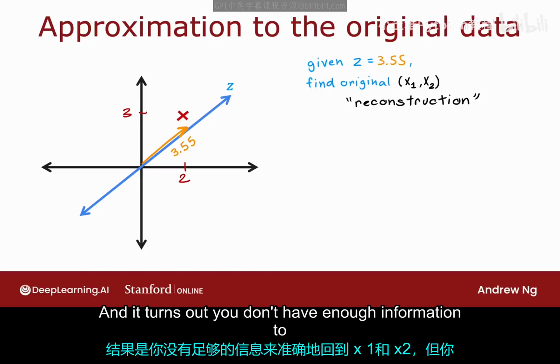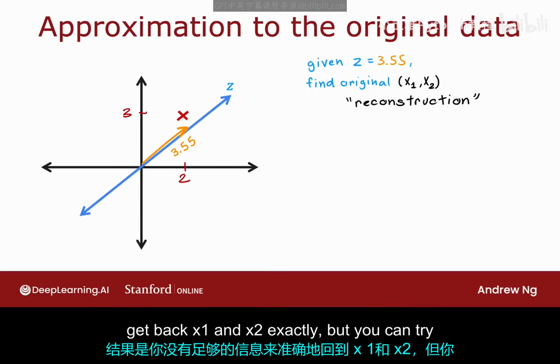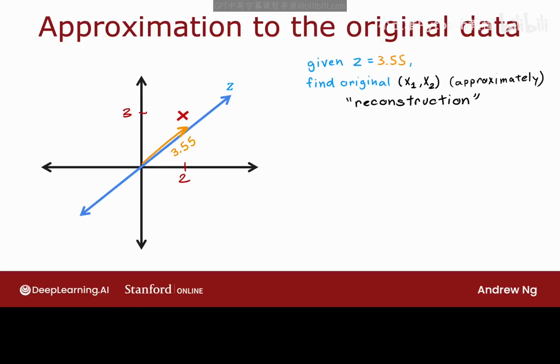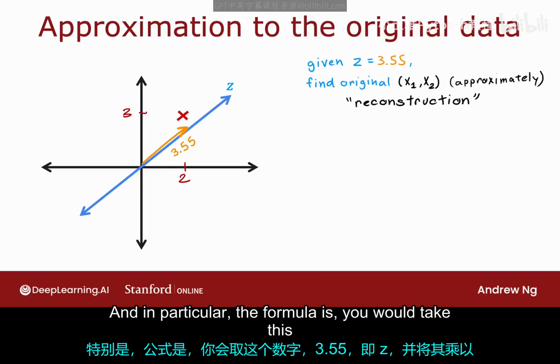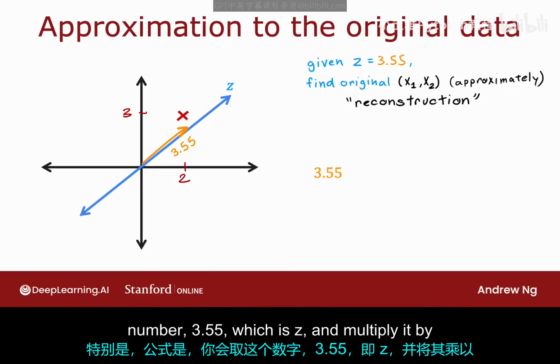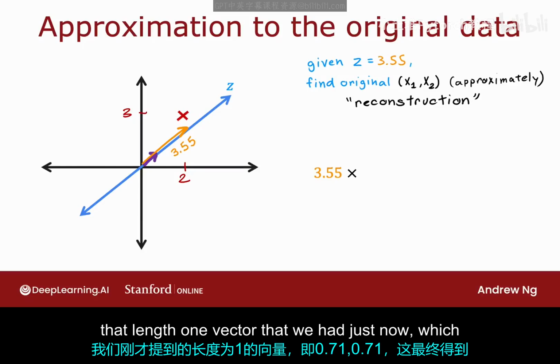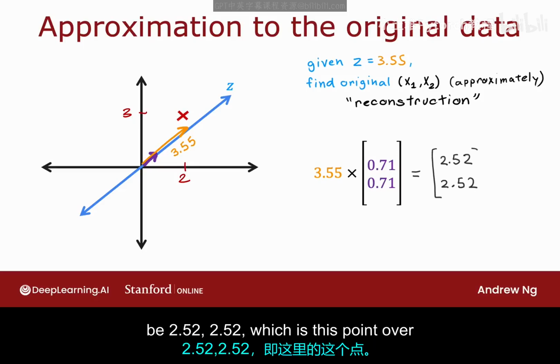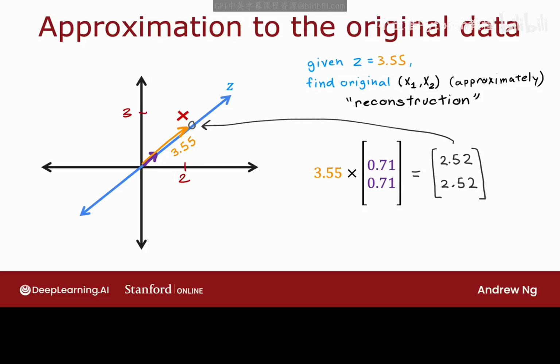And it turns out you don't have enough information to get back x1 and x2 exactly, but you can try to approximate it. And in particular, the formula is you would take this number 3.55, which is z, and multiply it by that length 1 vector that we had just now, which was 0.71, 0.71. And this ends up to be 2.52, 2.52, which is this point over here.